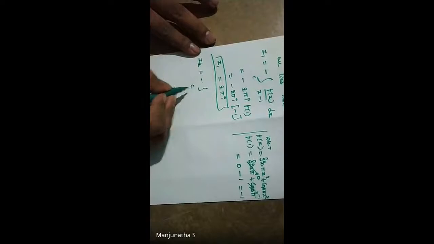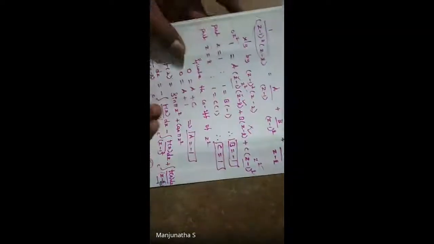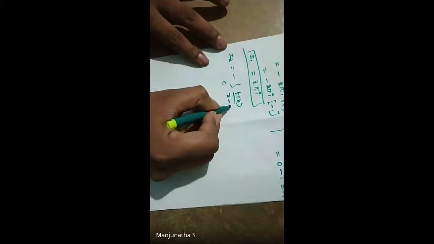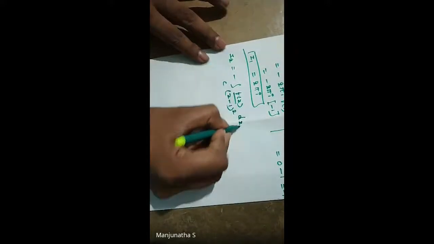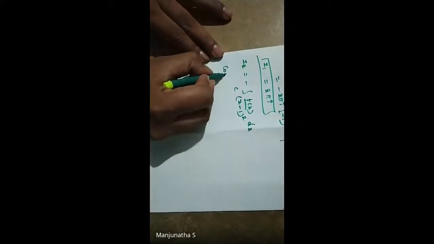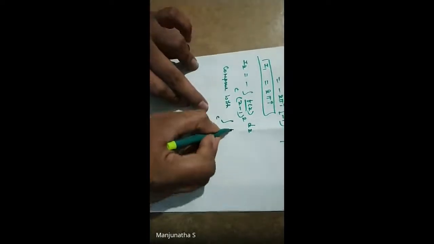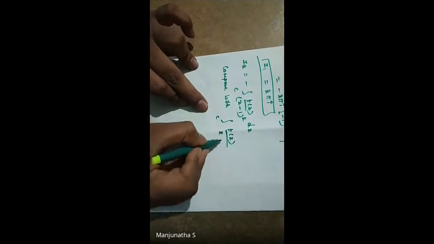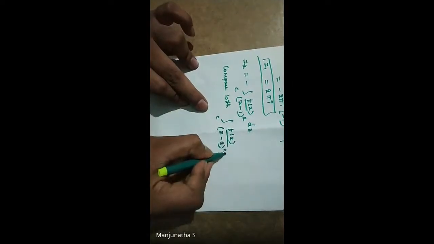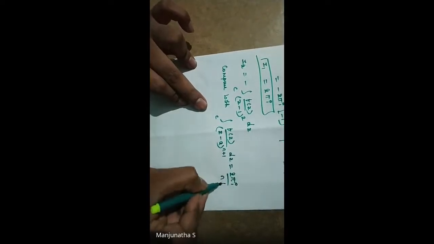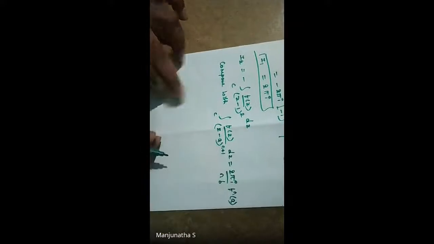Next we'll go for I2. So what is I2? Minus integration C f of z divided by z minus 1 whole square into dz. So we need to compare with integration C f of z divided by z minus a whole power n plus 1 dz is equal to 2 pi i divided by n factorial into f power n of a.